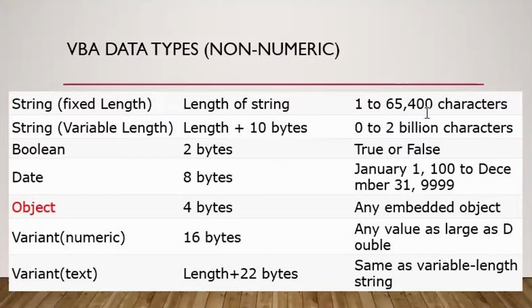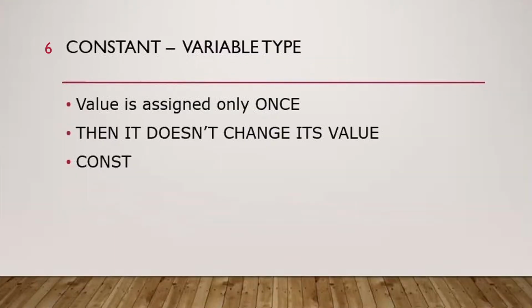I will discuss that in the next video, but the concept I want to give you is about data types, variables, and declaration. And there is one another thing, and that is the constant variable type.